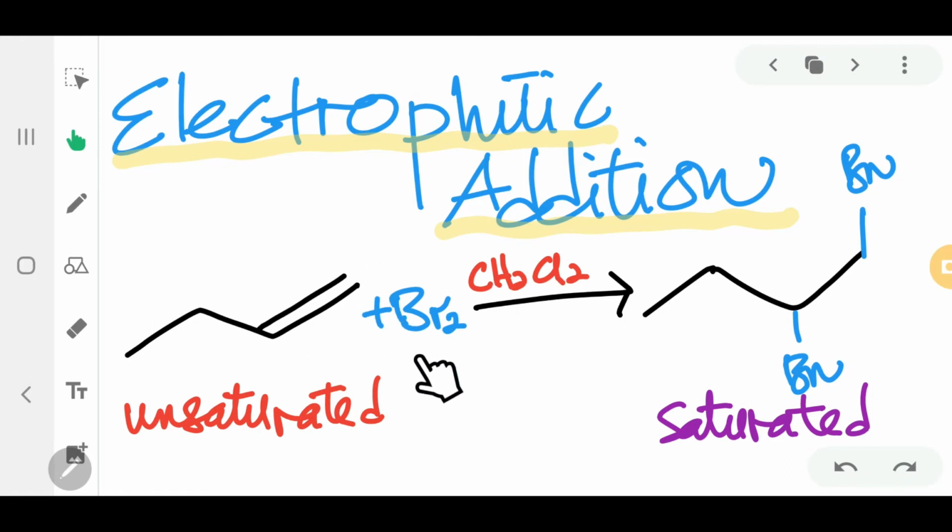So when you add a bromine molecule in the presence of CH2Cl2, the solvent over here, you change the unsaturated alkene into a saturated compound. So when you have an alkene as a starting material, you will know that it will be electrophilic addition. You're adding Br2 into the alkene structure to become the structure over here.